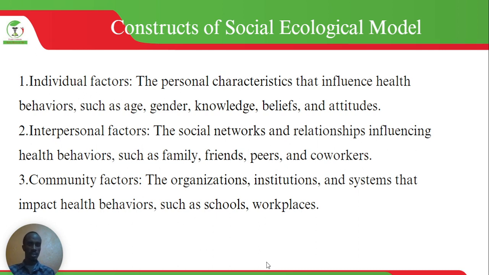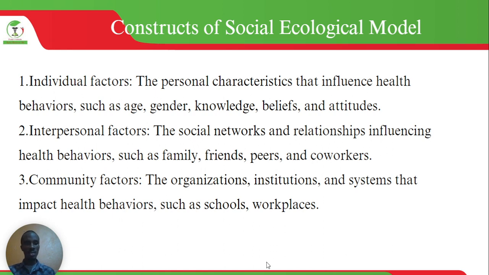And then it also has a construct of interpersonal factors, which include the social networks and relationships influencing healthy behaviors, such as family, friends, peers, and co-workers. So this model really focuses on each and everything that can affect one's uptake of a health behavior.